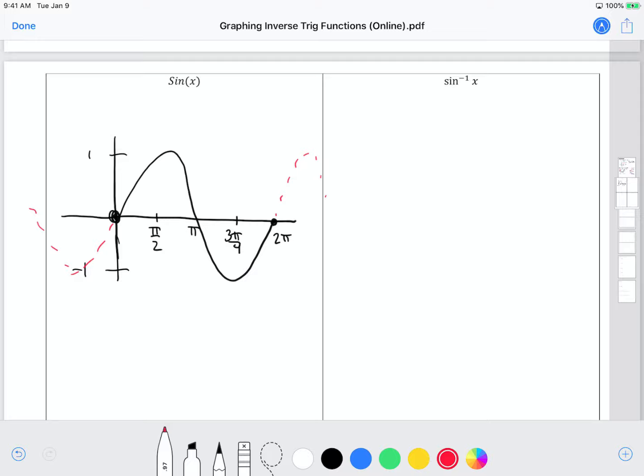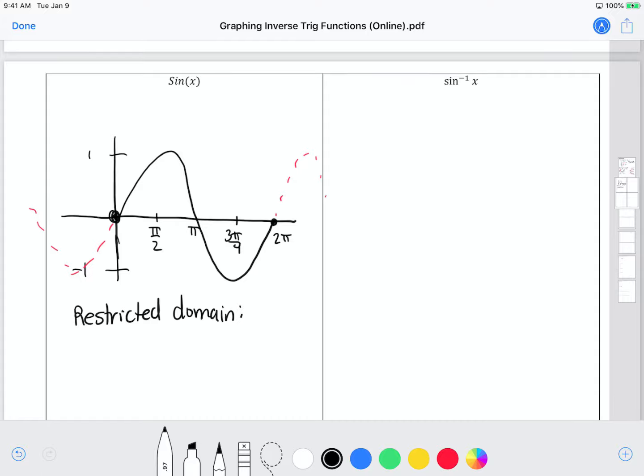We can restrict the domain however we want, as long as it's a one-to-one function, but mathematicians and scientists like to be consistent and all agree upon how we're going to restrict the domain so that it makes everything a little bit easier. We're going to keep the part of the graph that goes from minus pi over 2 to pi over 2.